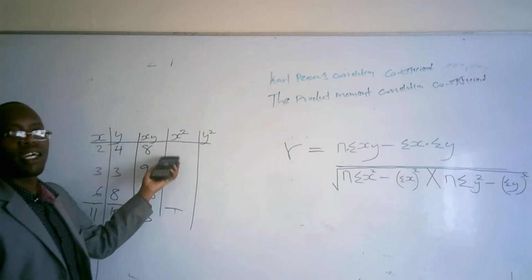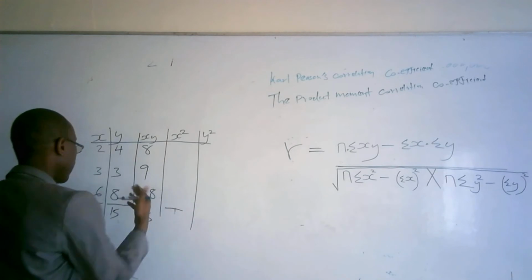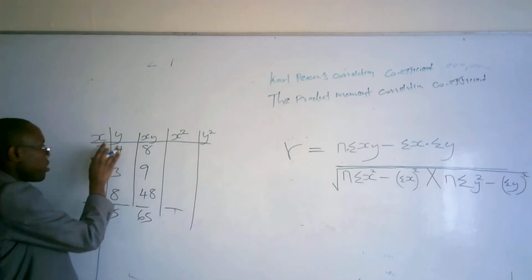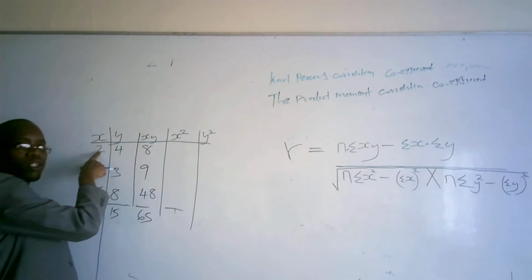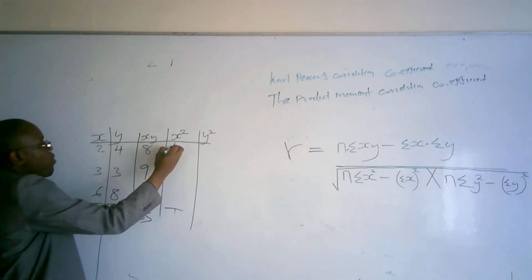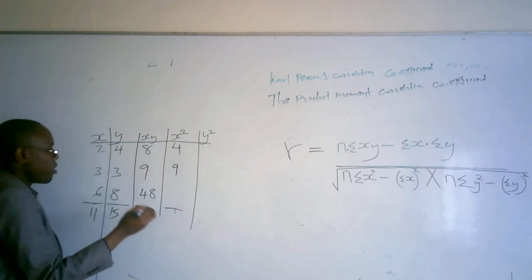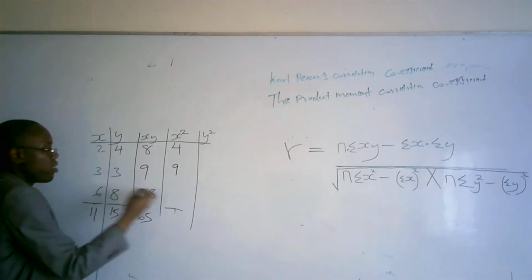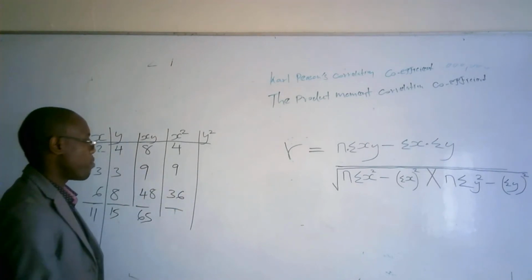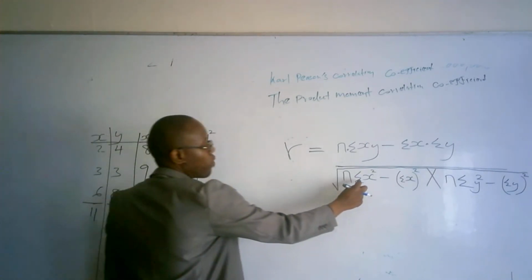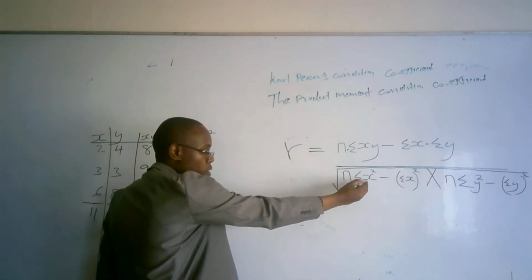Now let us get x squared. How can we have x squared? X squared is simply squaring the values of x here. So it's going to be 2 squared, which is going to be 4, 3 squared, which is going to be 9, and then 6 squared, which is going to be 36. If you can see x squared here, they want you to get summation x squared, the way the formula is dictating us to do.